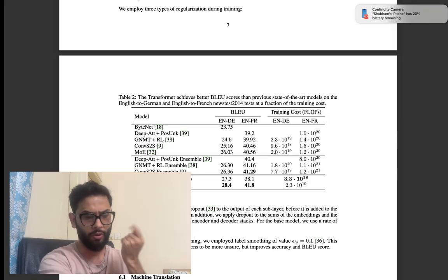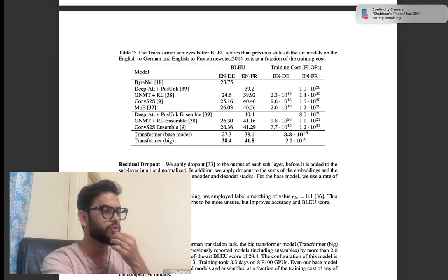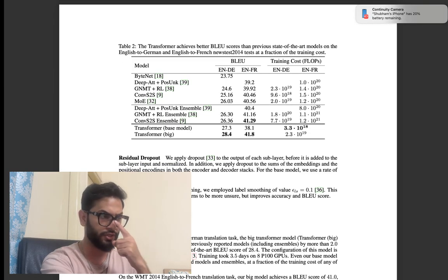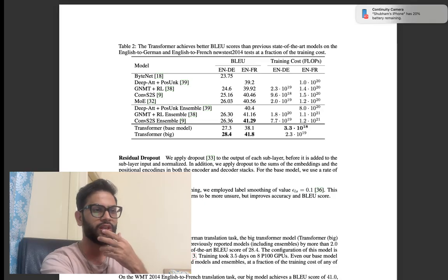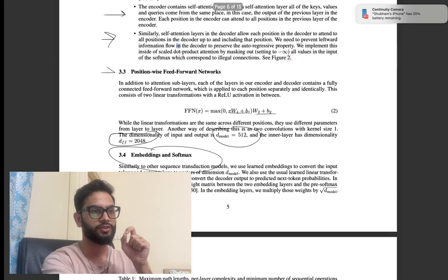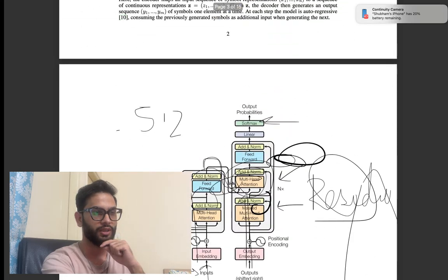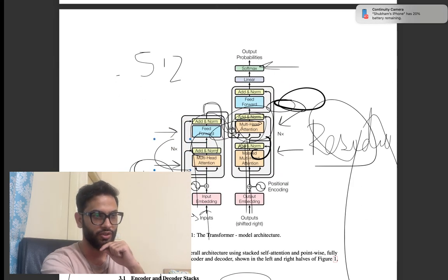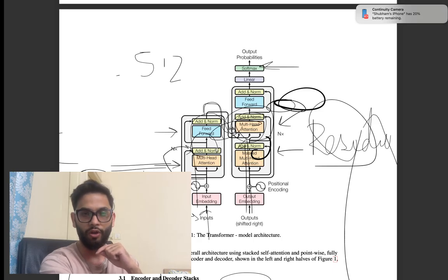For regularization they are using dropout, standard dropout. Dropout is used inside the attention layer as well, and dropout is also used when we are doing this residual connection. So if you see here in this residual, when this layer is going inside, we are adding and normalizing.